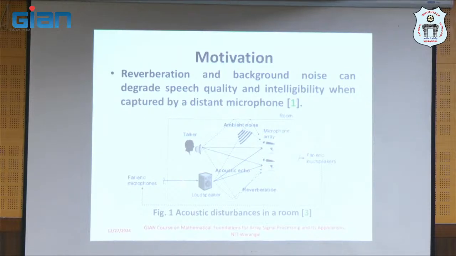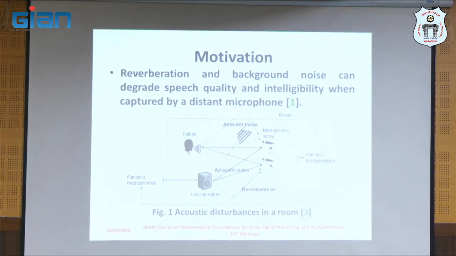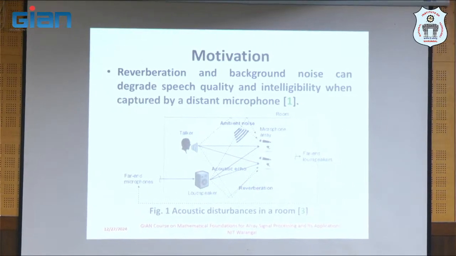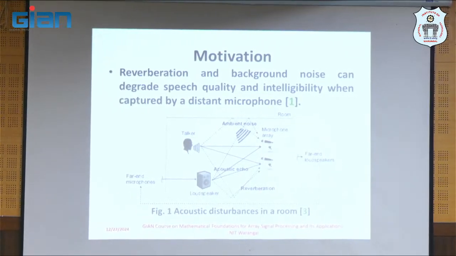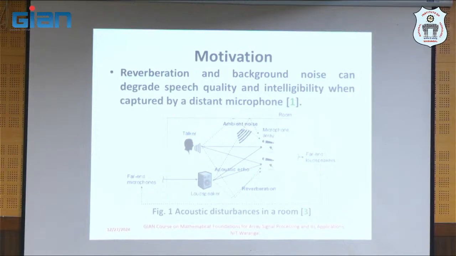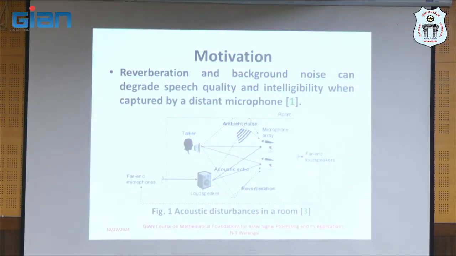Looking at this image, you might be understanding what it is. This image is taken from the book of Professor Israel Cohen, Speech Processing in Modern Communications. So here we see the word reverberation, and this is caused by different factors like the sound waves reflected from the room and other objects in the room.